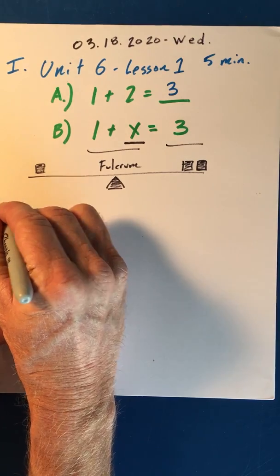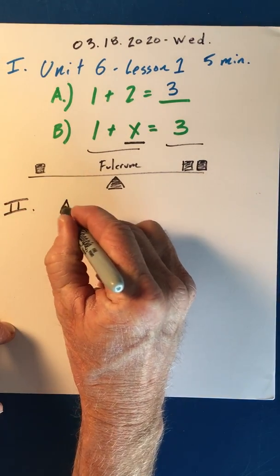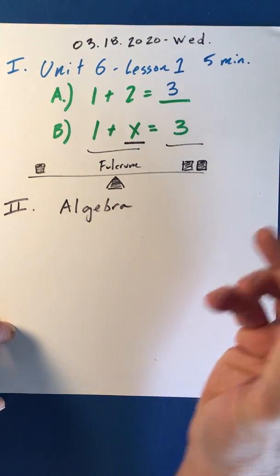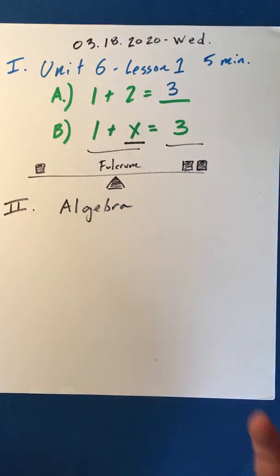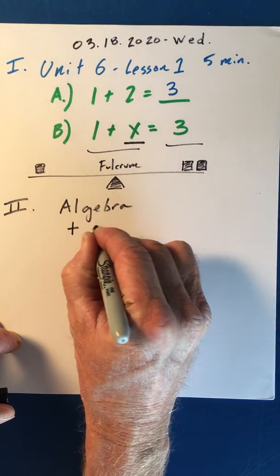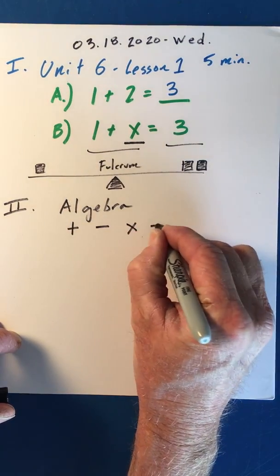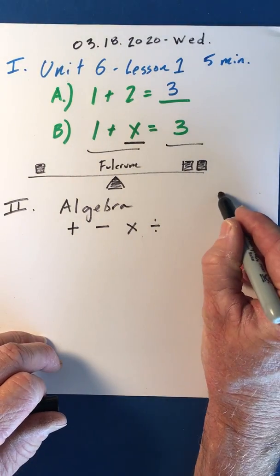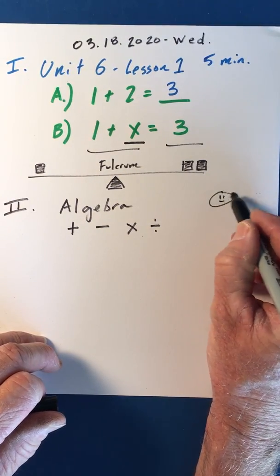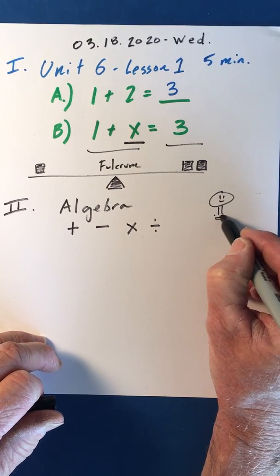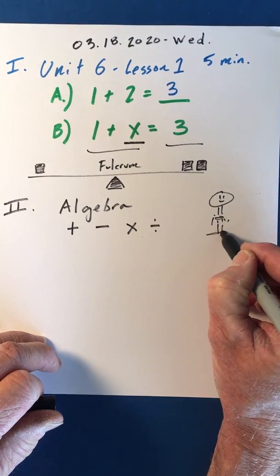So really, in algebra, we're still using all the things you already know. There's nothing new about it. We're using addition, subtraction, multiplication, and division. Years ago I was a carpenter, and if you've ever seen a carpenter at work, they often have a belt full of tools.